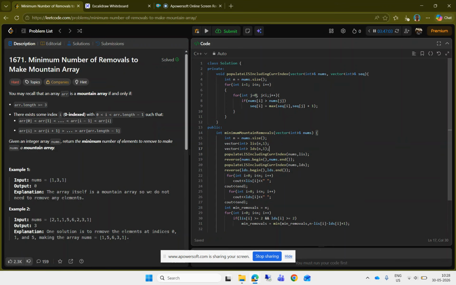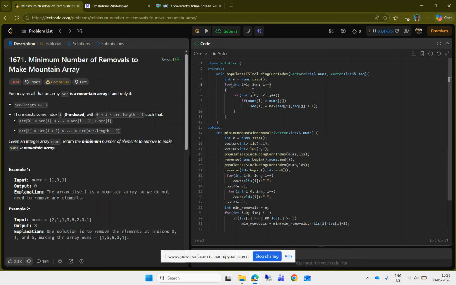Now, this is the basic LIS ending at I code. So we go from I equal to 1 to I equal to n, right? I equal to 0 doesn't make any sense because there is nothing to the left of it, so its value will always be 1.